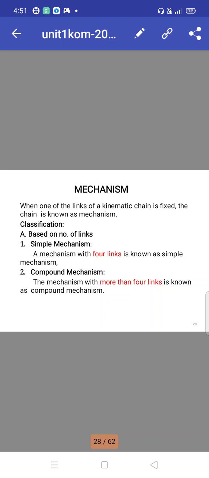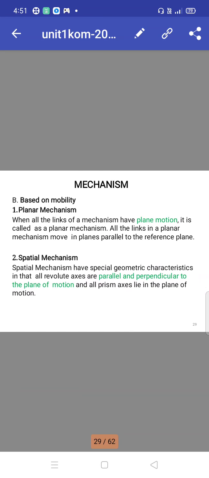Classification based on number of links. A mechanism with 4 links is known as simple mechanism. A mechanism with more than 4 links is known as compound mechanism. Based on mobility, first one, planar mechanism. When all the links of a mechanism have plane motion, it is called a planar mechanism.